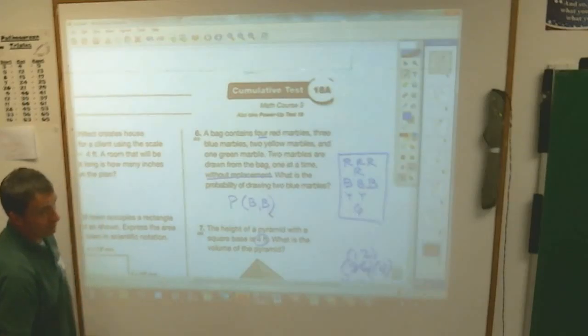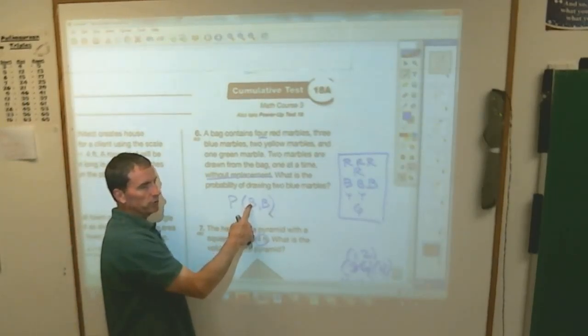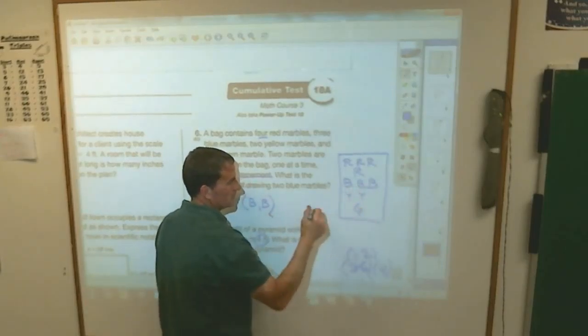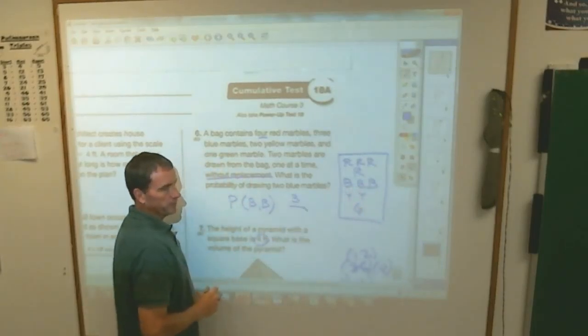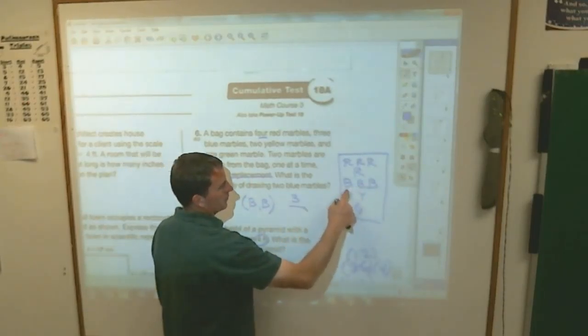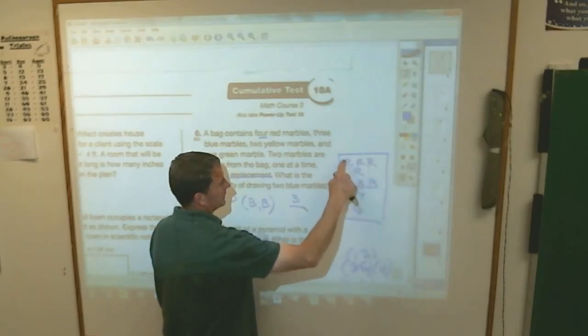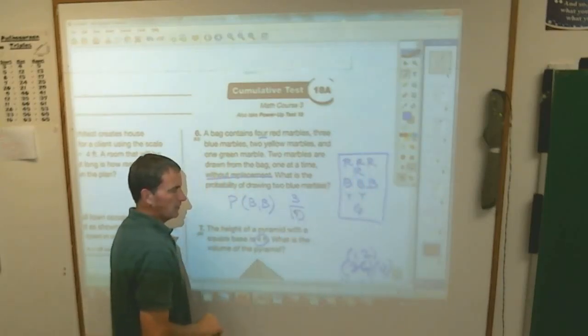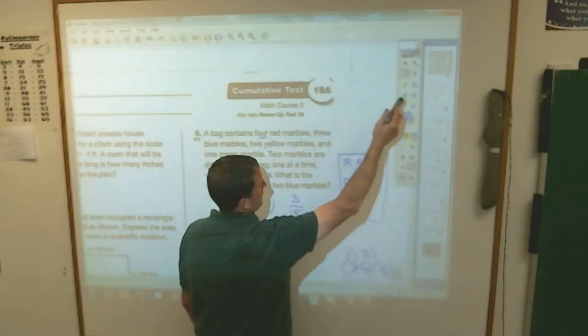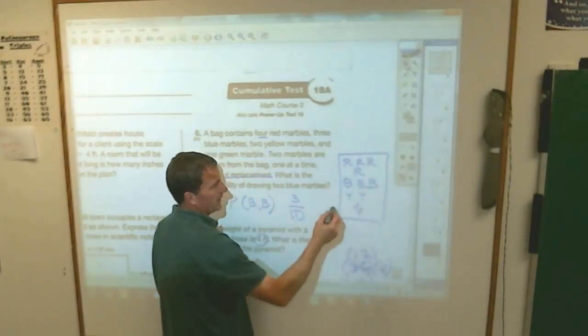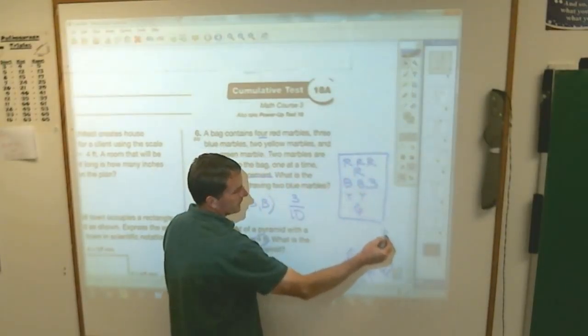And the key there is you're not putting the marble back after you've pulled the first one. Which probability do you get in the first blue? How many blues are there? 3 out of how many total marbles? 1, 2, 3, 4, 5, 6, 7, 8, 9, 10. Oh, beautiful. But the gist is this, Cameron. You went in the bag and you pulled out a blue marble.